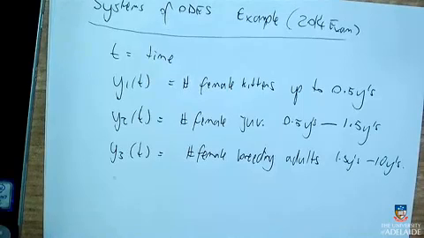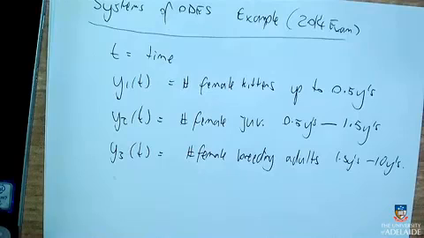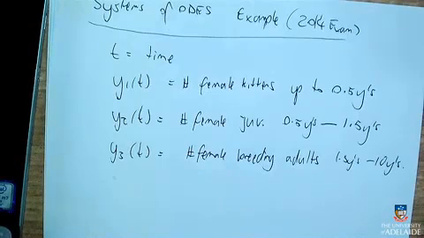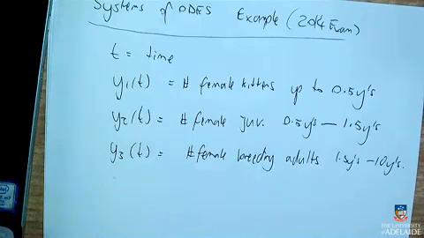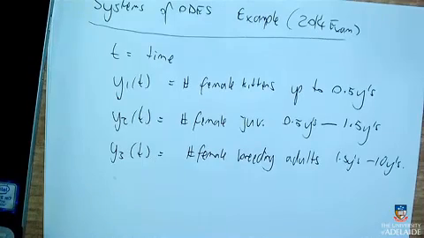So if we're going to estimate this as a system of ODEs, then the derivative should be equal to stuff involving the y1, the y2 and y3. So this is what's in my head.